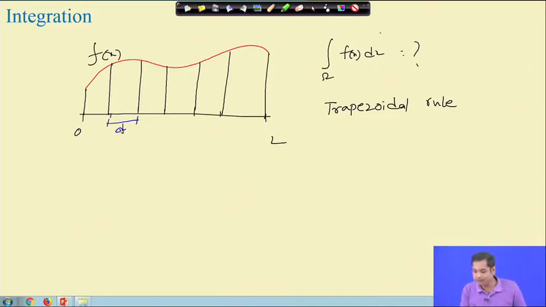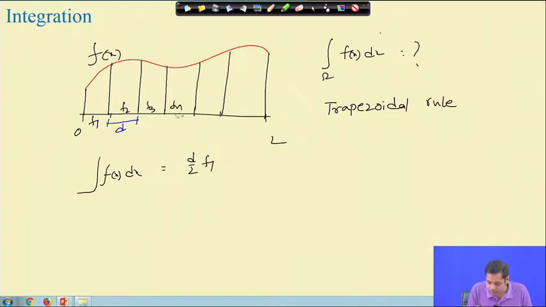If the steps are d, then in the one-dimensional case we can write the integral of f(x) dx as d/2 times f1, plus d times f2, plus d times f3 and so on, and finally d/2 times fn. Here f1, f2, f3, f4 are the function values at these points.